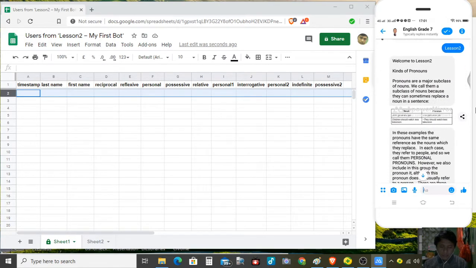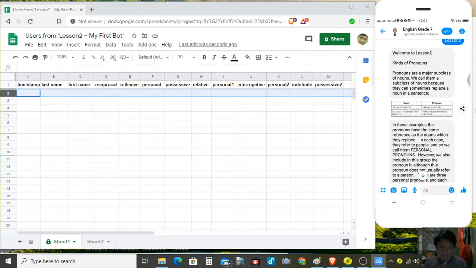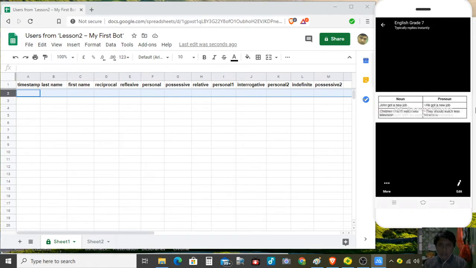Welcome to lesson 2, kinds of pronouns. Pronouns are a major subclass of nouns. We call them a subclass of nouns because they can sometimes replace a noun in a sentence. We have the sample here: John replaced with he, and children replaced with they.